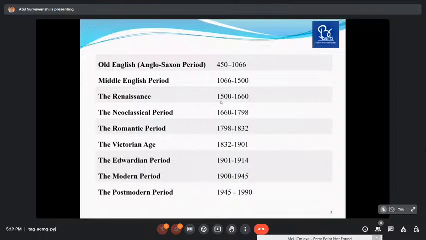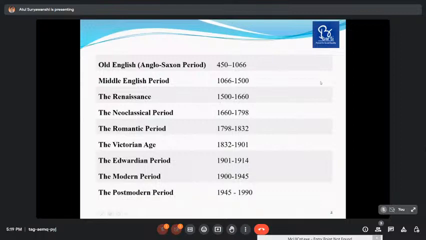The Second World War came to an end, and this was the beginning of the postmodern period, which initiated in 1945, but actually after 1960 or 70, and lasted up to 1990 or 2000. So these are the approximate dates. The periods and the ages are divided in such a way.